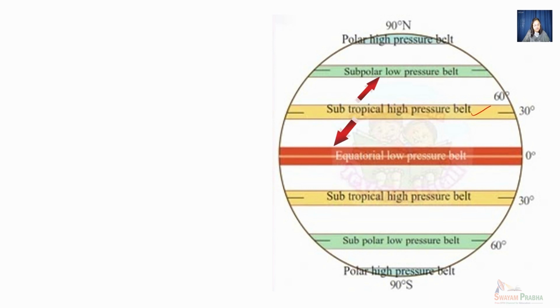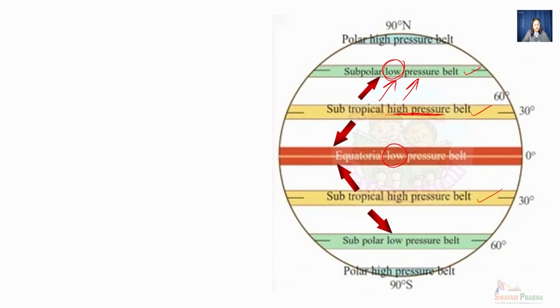So near the Earth's surface, the subtropical high pressure belts, because they are high pressure belts, will lead to the divergence of air. The air will blow out from these regions near the ground surface, and one wing moves towards the subpolar low pressure belt because it is a low pressure belt, and another wing moves towards the equatorial low pressure belt.